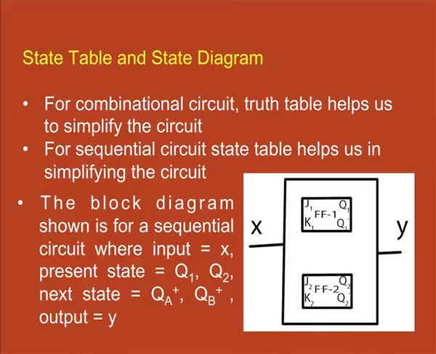The present states of the JK flip flops are Q1 and Q2, and the next states are represented by QA dagger and QB dagger.